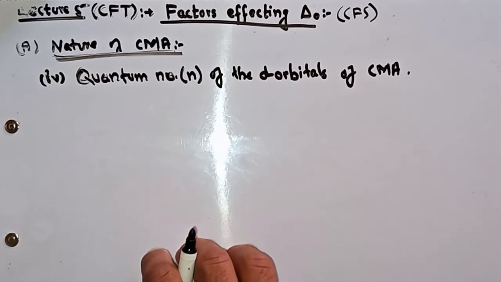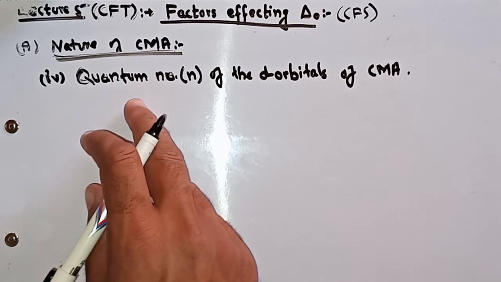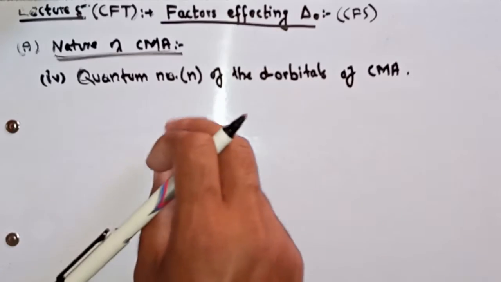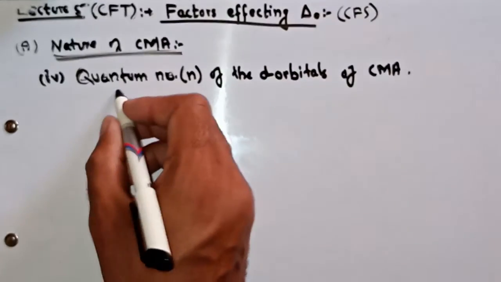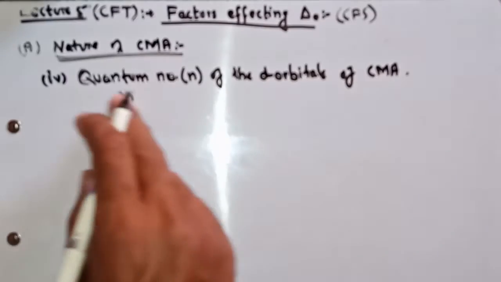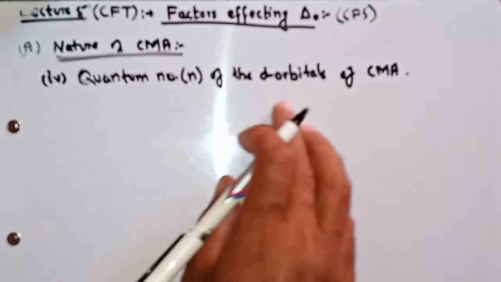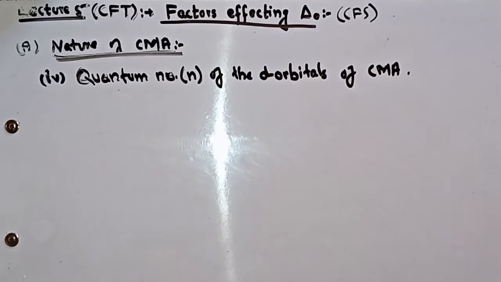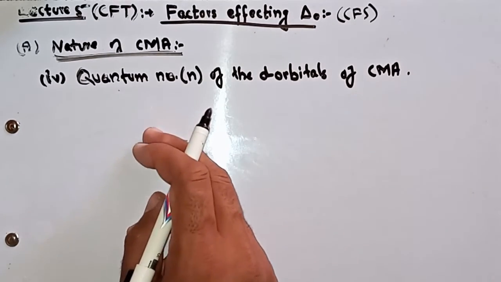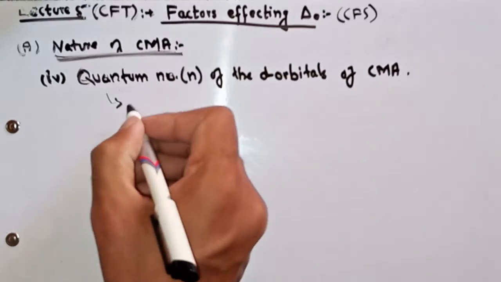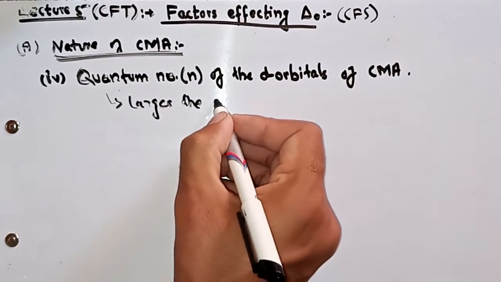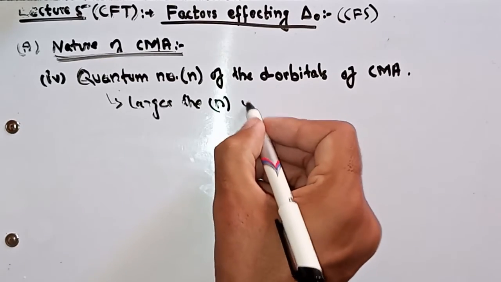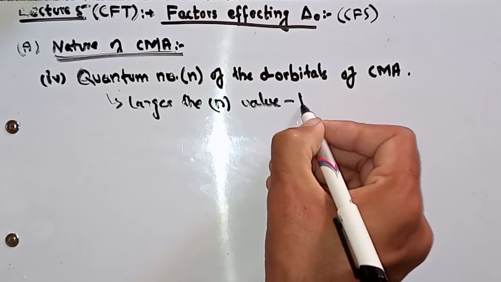In this case we will study the quantum number, that is the shell quantum number like K, L, M, N, O, P, and how the quantum number affects the d orbitals of the central metal atom. The larger the quantum number value, the n value, the higher the splitting will be.